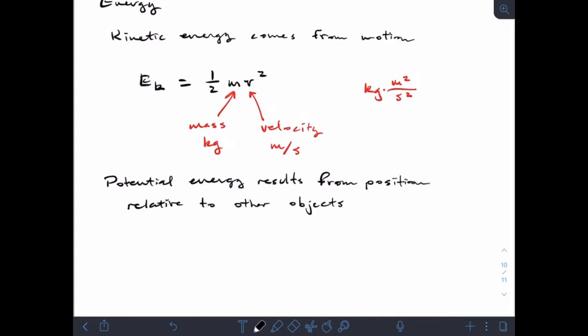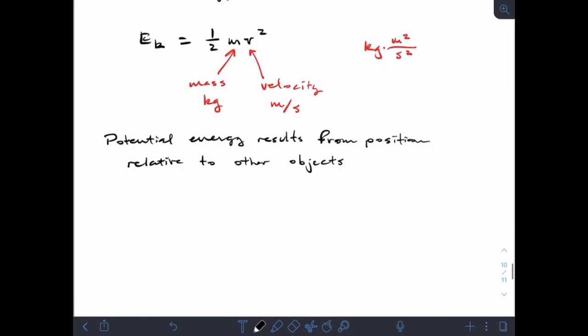Now, in terms of condition, that's where we get into where we're concerned in chemistry. In chemistry, the bonds in chemicals, or more specifically, the bonds between atoms, store potential energy.